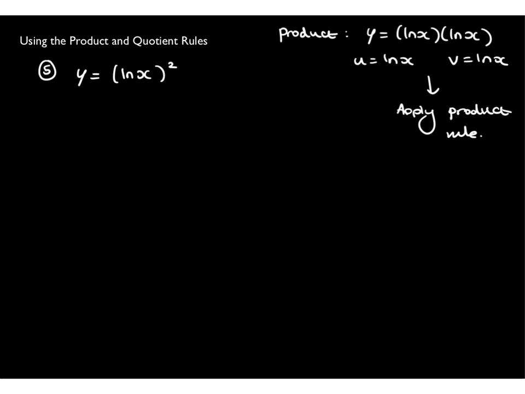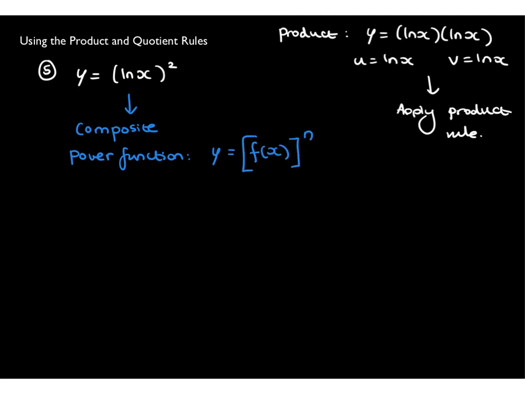But it's more interesting to see this as a composite function. You can see it's ln x and it's being raised to a power. So overall, this is a power function. It's of the format y equals f of x, which is some function being raised to the power.